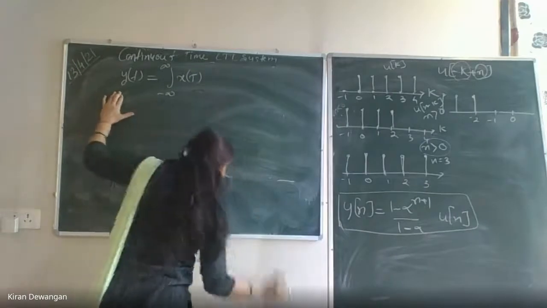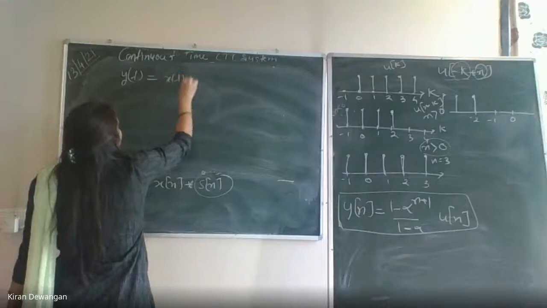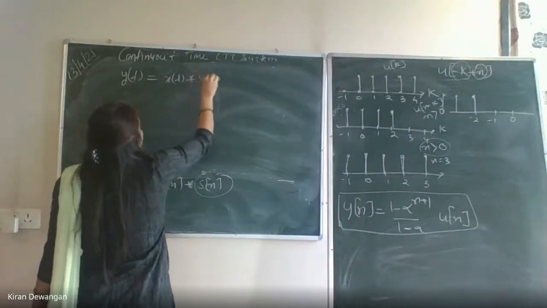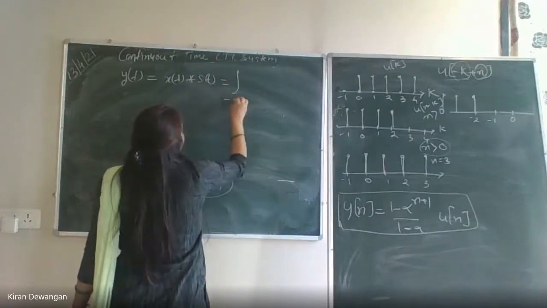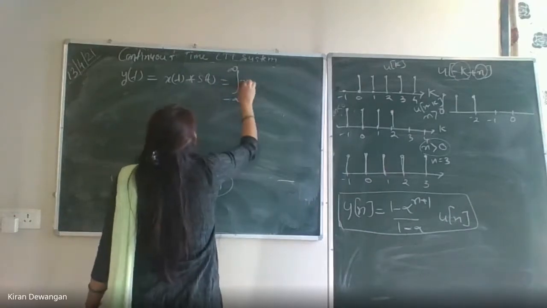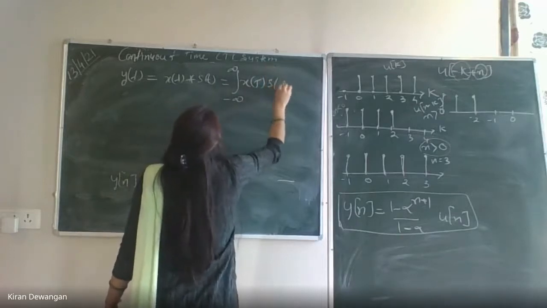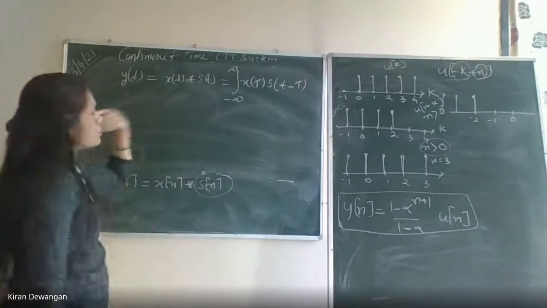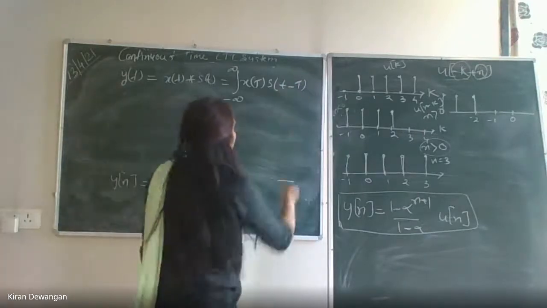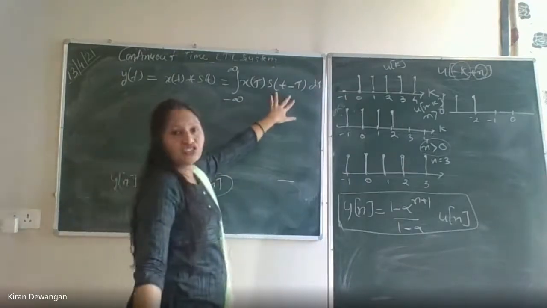Let me write this one, x of t convolution s of t. ठीक है, so in this case it will be the integral from minus infinity to infinity x of tau s of t minus tau d tau. क्लियर? तो ये आपका चेंज हो जाएगा.